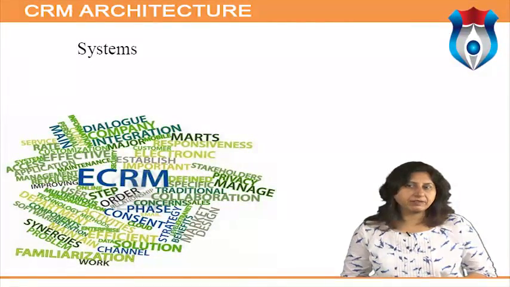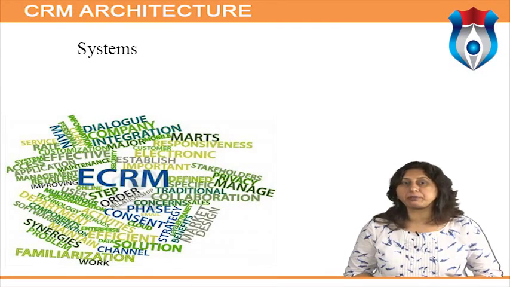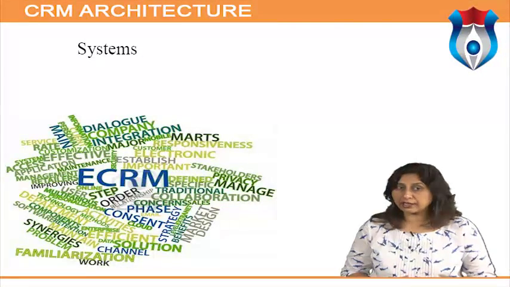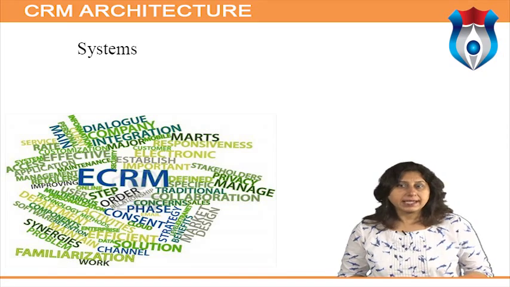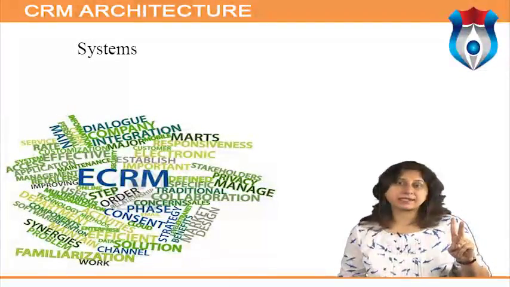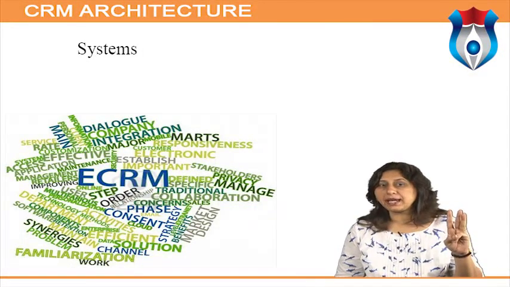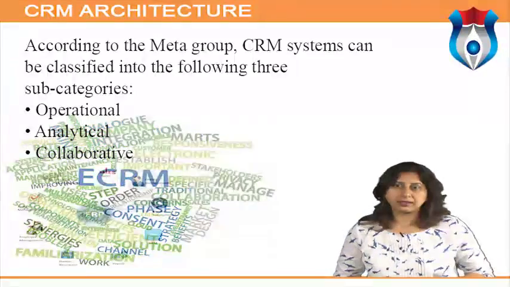We can describe eCRM solutions as systems. On the systems level, we differentiate between three categories of information systems that are relevant to CRM: CRM systems, knowledge management, KM systems, and enterprise resource planning, ERP, and transaction systems.